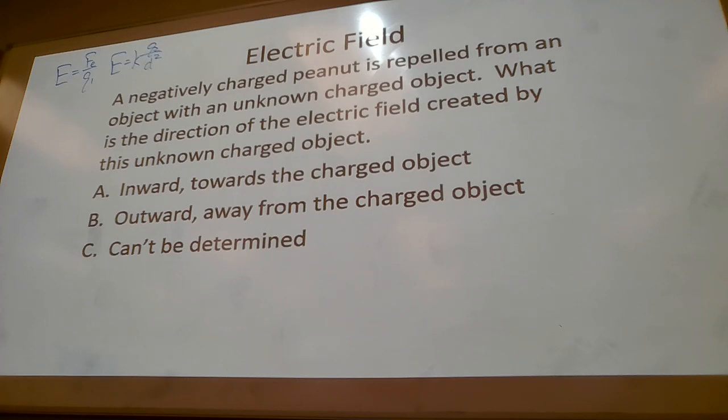It's just the way they describe the weirdness of space around a positively charged object. An electric field has a direction.